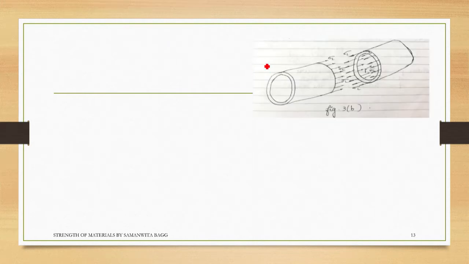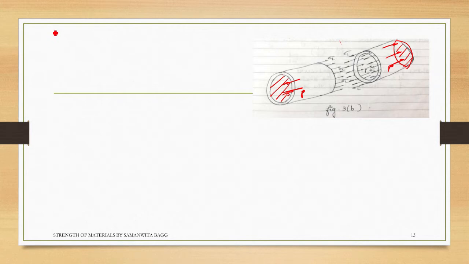Now let's talk about another figure, 3b, that you can see here. When the pressure is exerted on these cross-section areas that you see, the cylinder will have a tendency to break from the center. So I am applying pressure P here sideways such that your cylinder is breaking and it is developing a longitudinal stress.